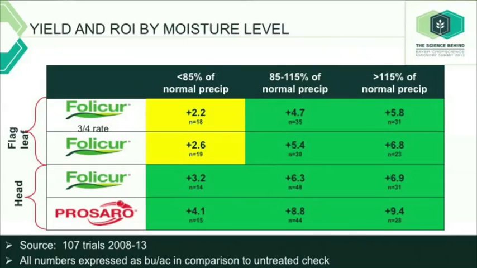If you dive down a little bit further into the numbers, you can see the numbers increase from the dry to the normal to the excess moisture. The big jump that we see is going from the dry scenario to the moisture. That's where we see the biggest jump in fungicide performance. When we look at a normal moisture to a high moisture scenario, there is a little bit of a bump, but not as much as what we're seeing moving from the dry to the normal.